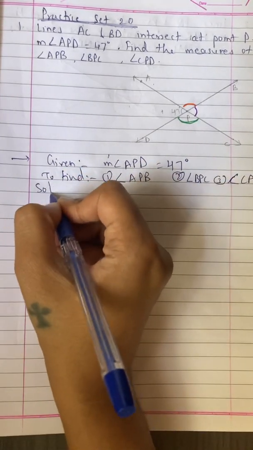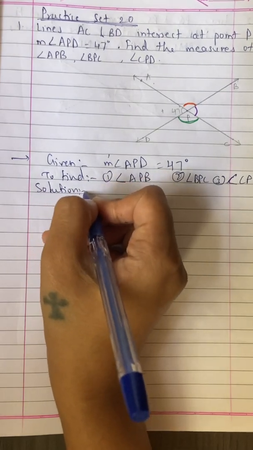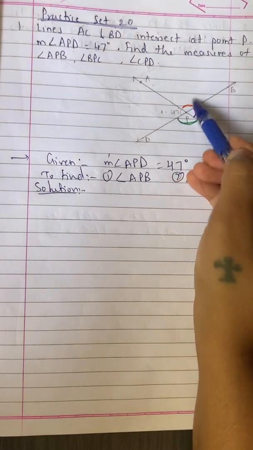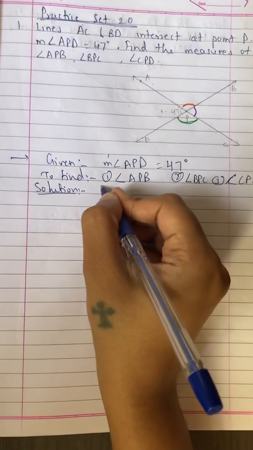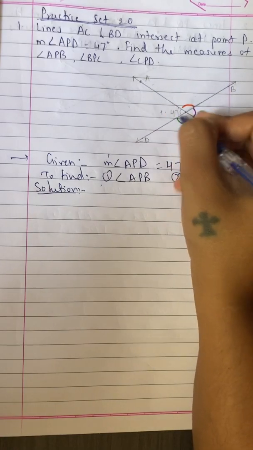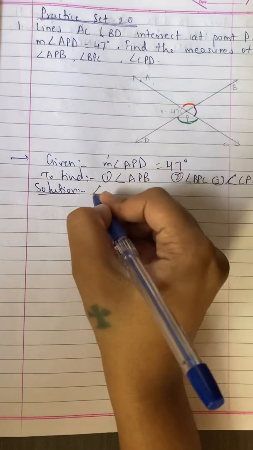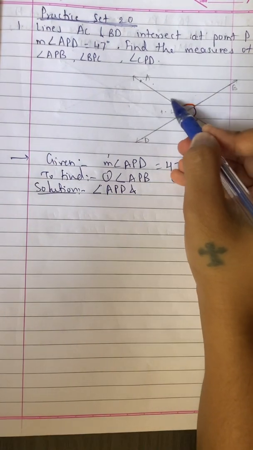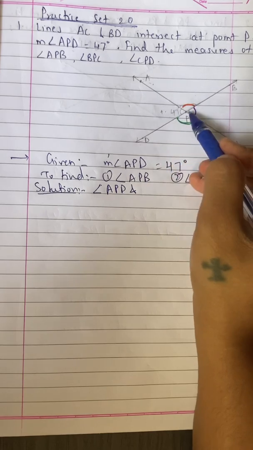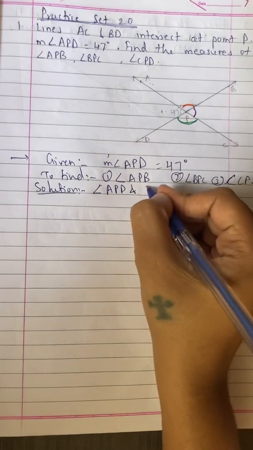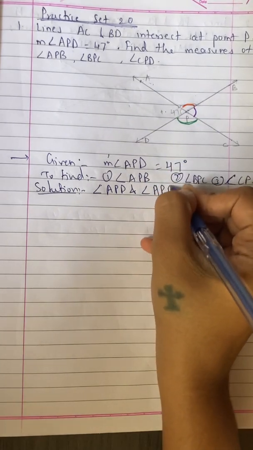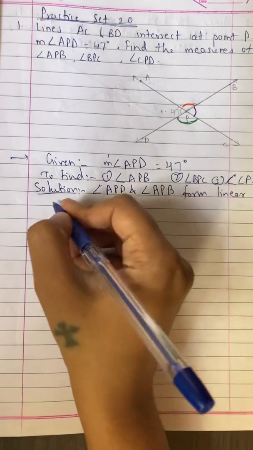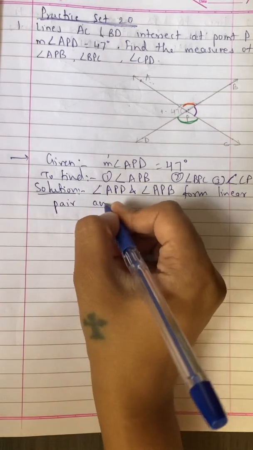Now in the solution, how did we start? We started that this angle and this angle are in linear pair. So write down which two angles are in linear pair. Angle APD, that means this 47 degree angle, and along with that this orange color angle, APB, form linear pair angles.